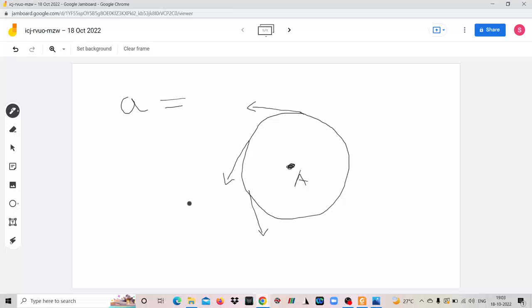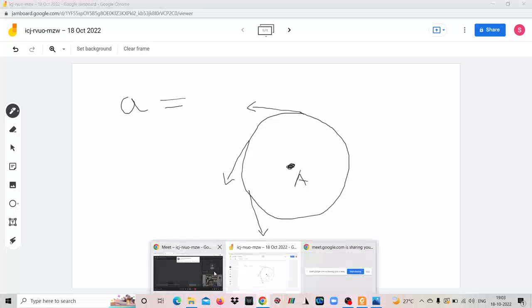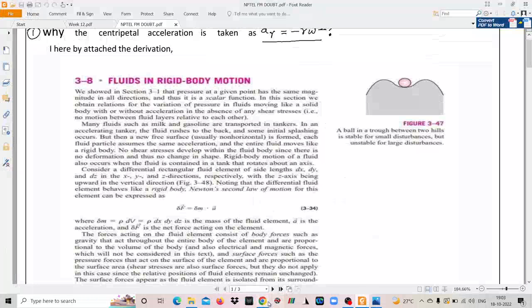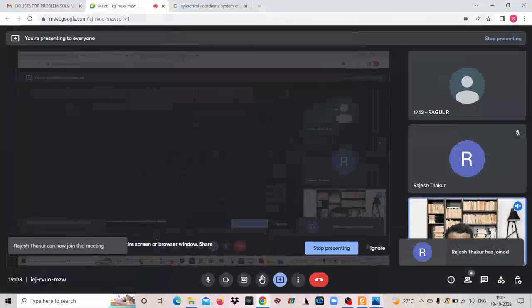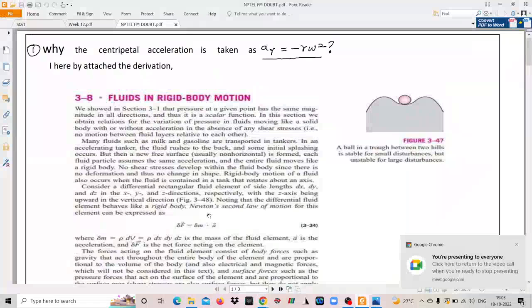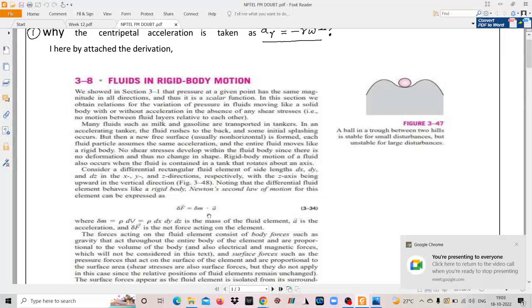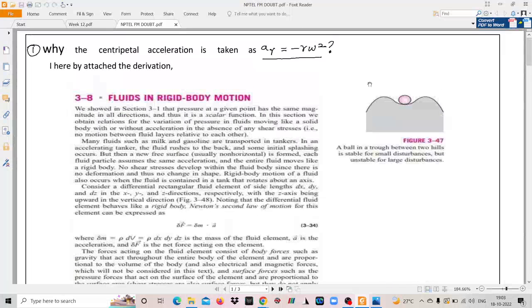Now if you don't give this negative sign, no problem, but from the very beginning of your derivation, you need to follow that convention. That is the only thing. In any standard reference book or textbook that you follow, you will find the general convention.